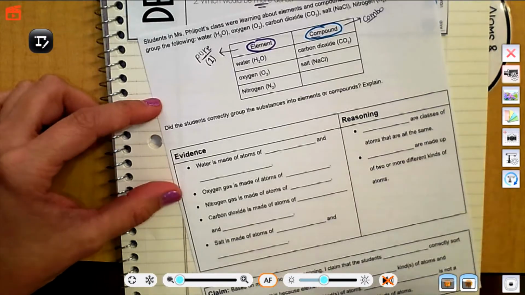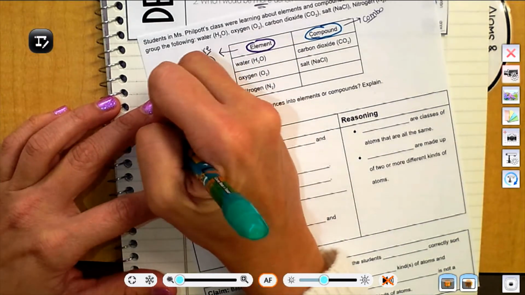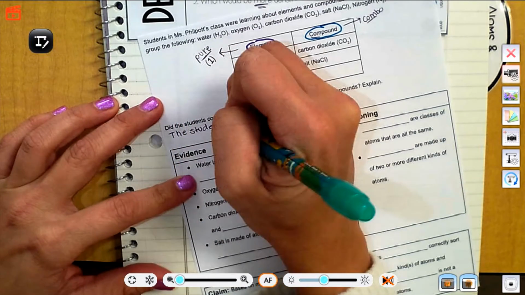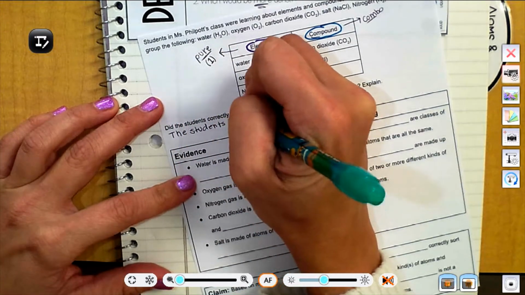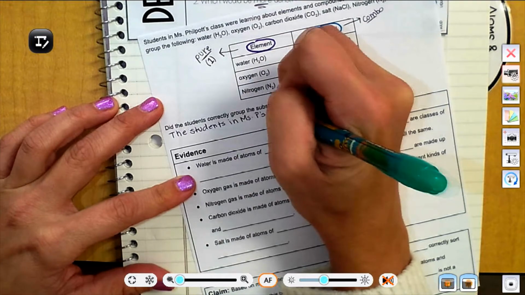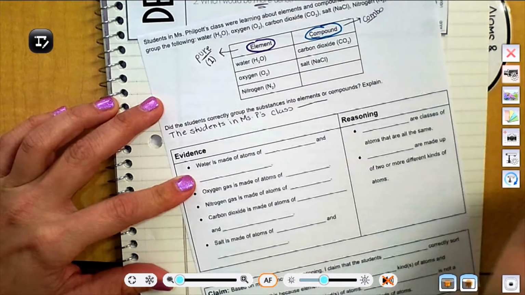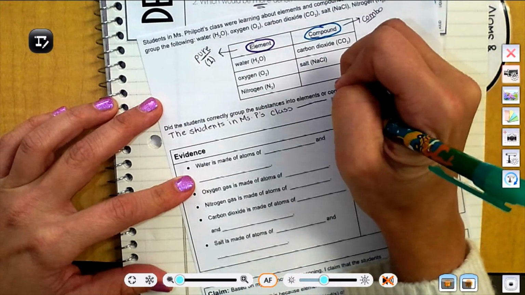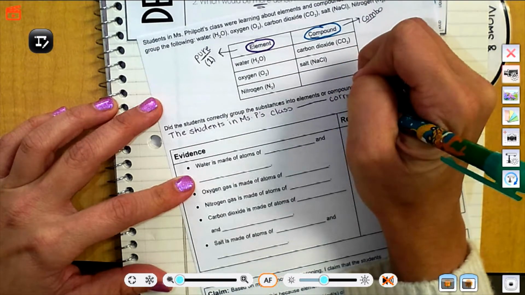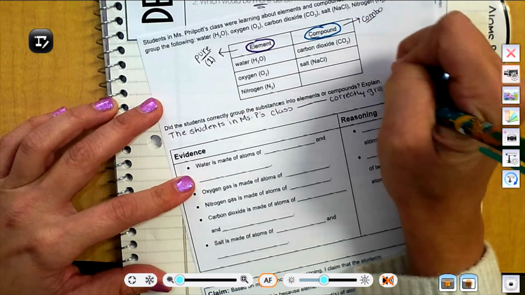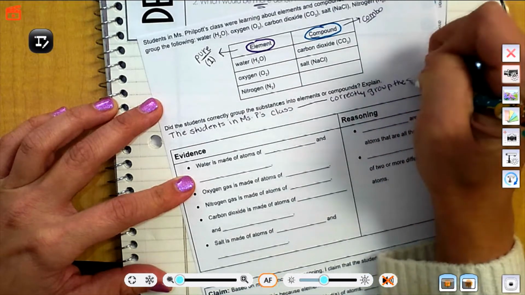So you might start your sentence with, the students in Miss P's class. So then you're going to either decide did or did not correctly group the substances.